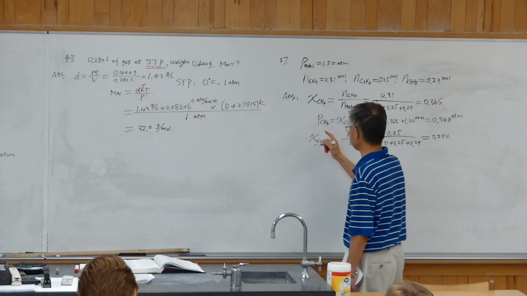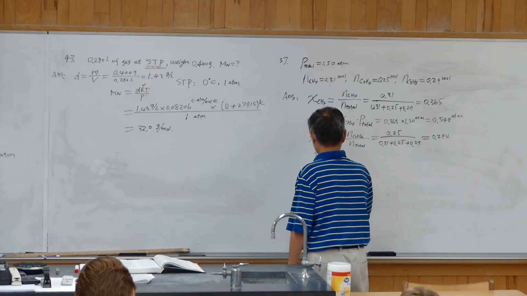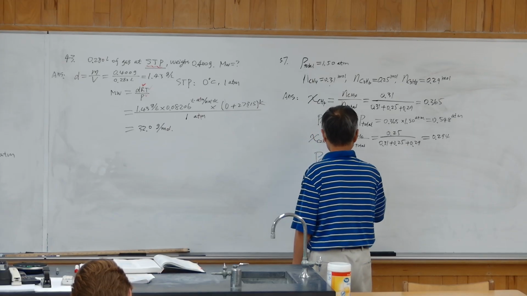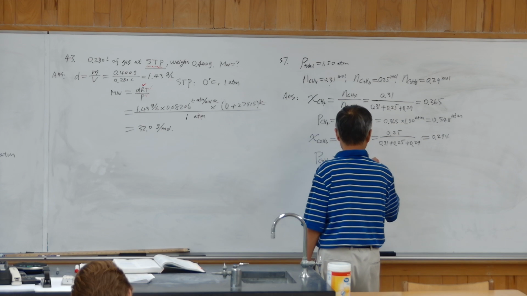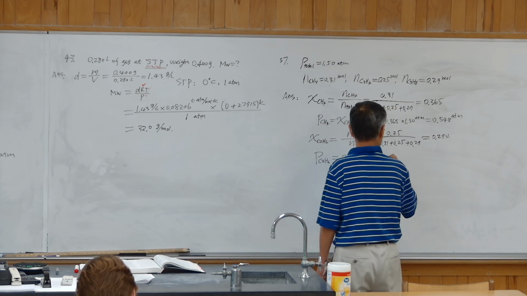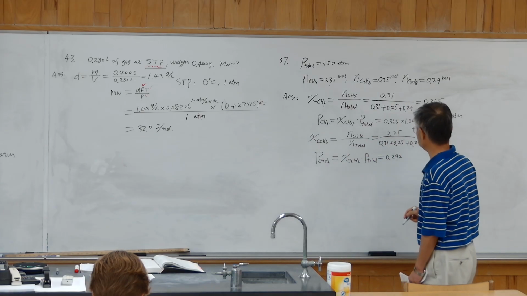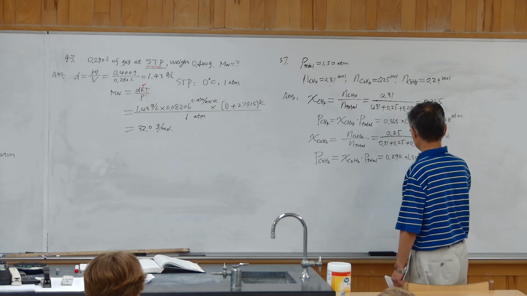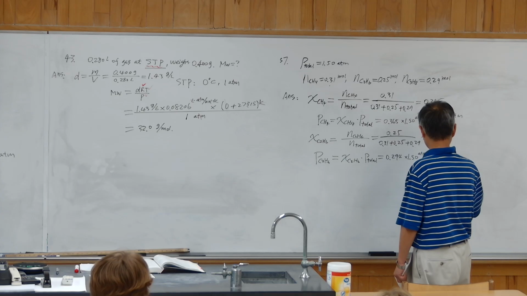Then similarly to CH4, the partial pressure of C2H6 will be the mole fraction of C2H6 times total pressure. Mole fraction 0.294, total pressure 1.5 atm. Then the partial pressure will be 0.441 atm.